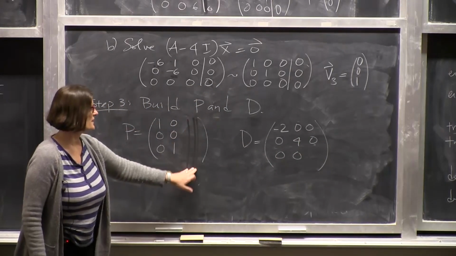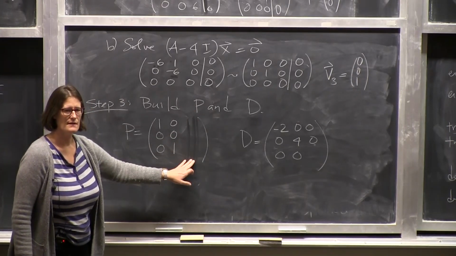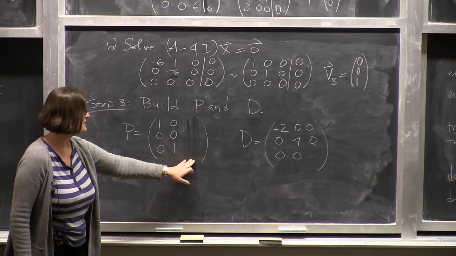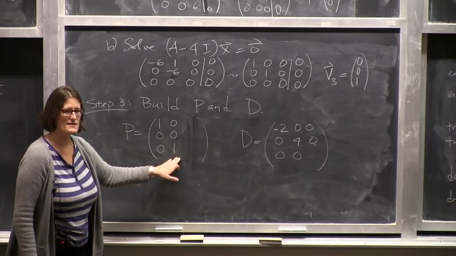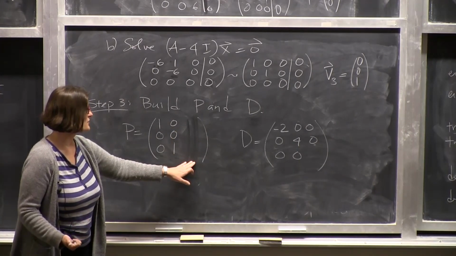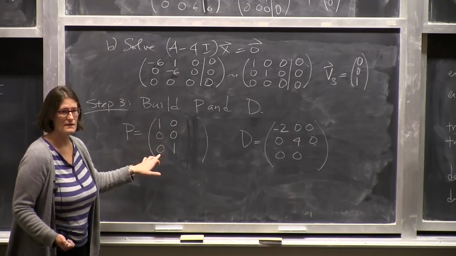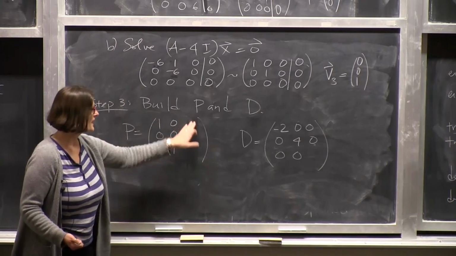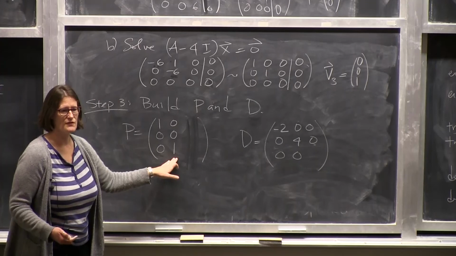What can we put in here? It has to be an eigenvector. It has to be linearly independent from this and this. Are there any eigenvectors for minus 2 that are not a multiple of this? No. Are there any eigenvectors for 4 that are not a multiple of this?